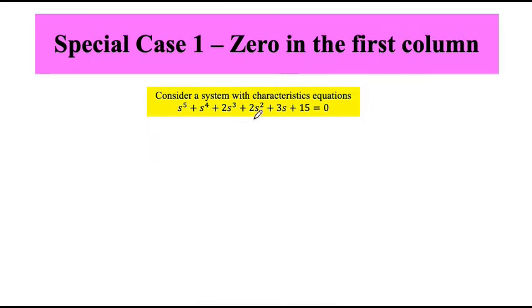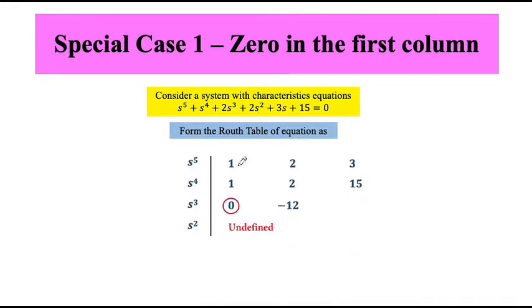So again I start constructing the Routh array. For s5, its coefficient is 1. Then s cube, its coefficient is 2. Then 3s, its coefficient is 3. Similarly s4 is 1, then s square is 2, then 15. I am getting this from my characteristic equation.